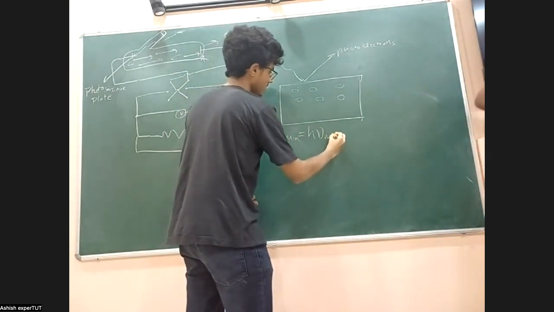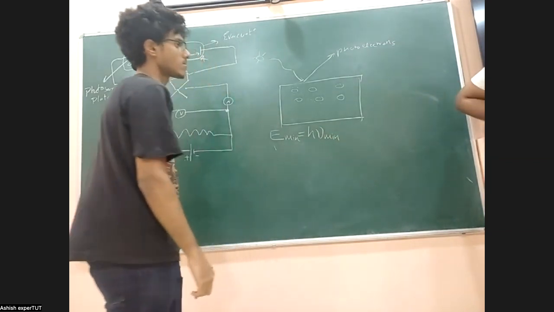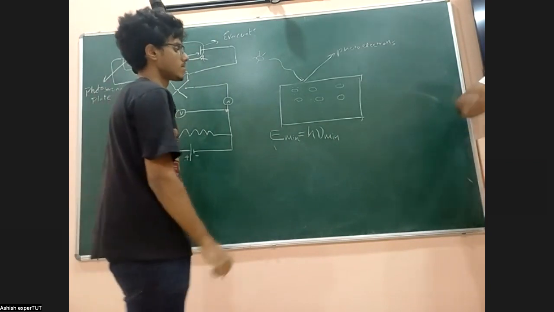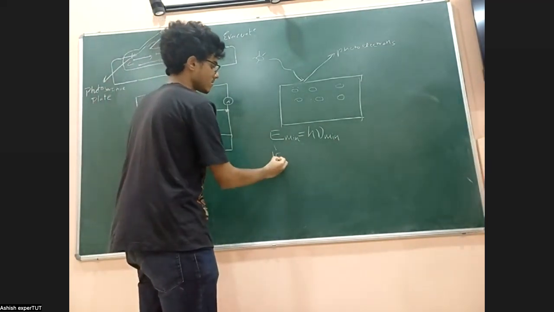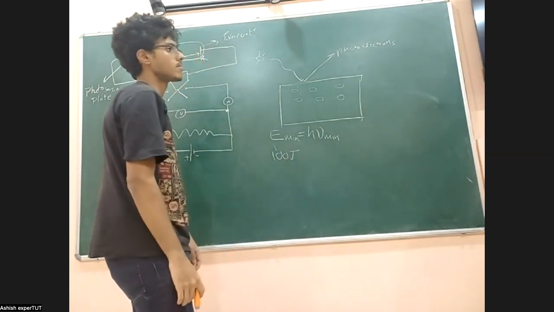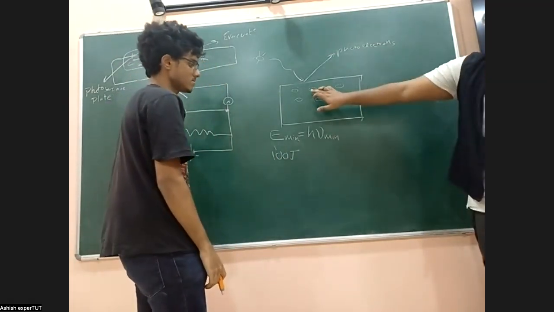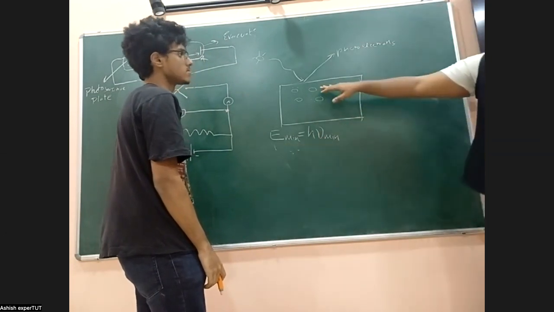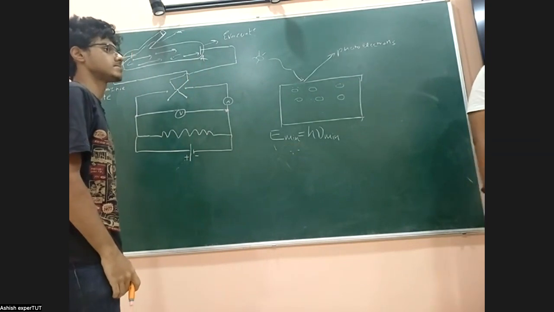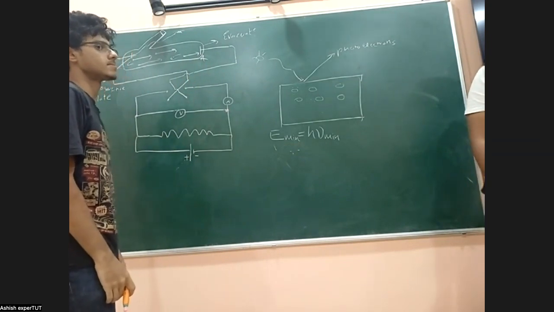Okay. So let's say you throw one photon of energy 100 joule. Suppose this is the minimum energy you need. I'm talking in joules so that it is easier for you, but all this should be done in electron volt.